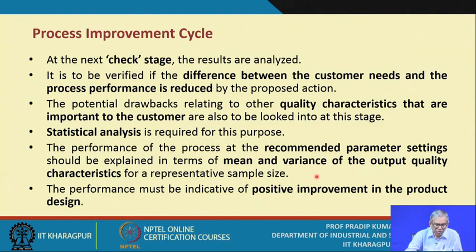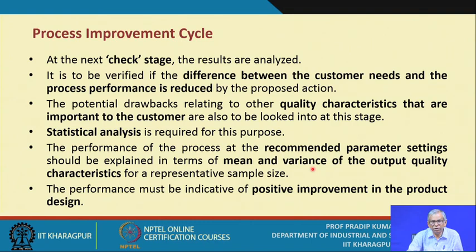Okay, so this is very important. That means both are very, very important. That means when you look at the mean, whether the mean is your target value or not, that is to be checked, and the variance means whether the level of variability in the process or variability in the product performance is acceptable to you or not.